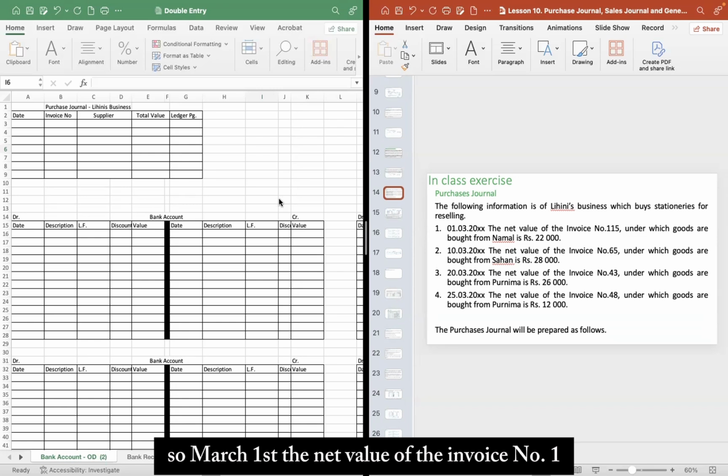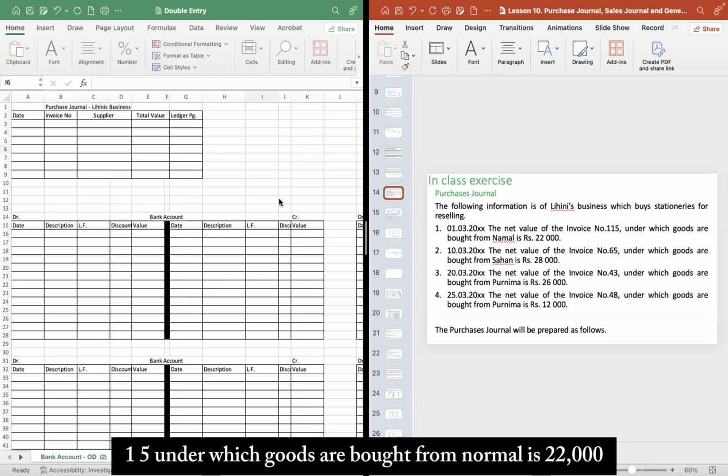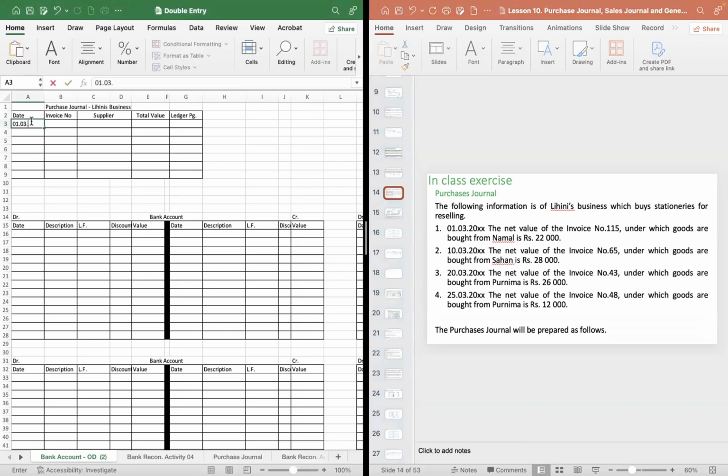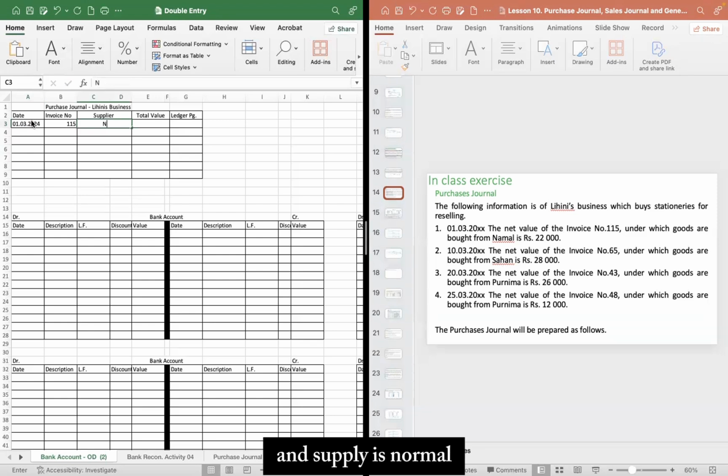March 1st, the net value of invoice number 115 under which goods are bought from Normal is 22,000. Firstly, you put the date, 1st March 2024, invoice number 115, and supplier Normal.